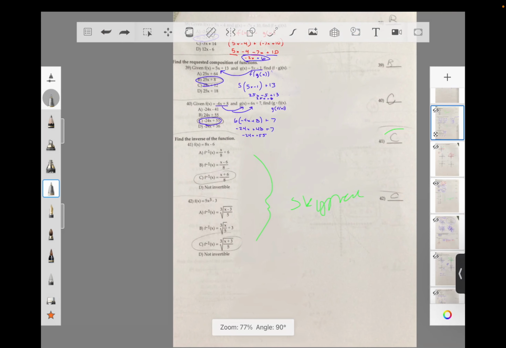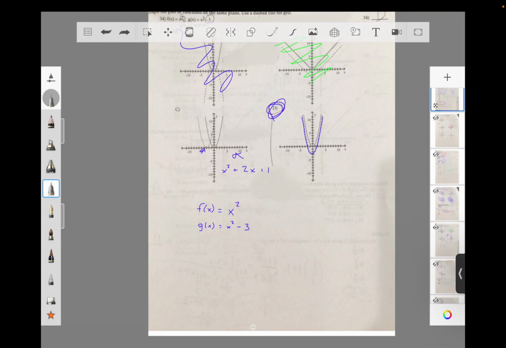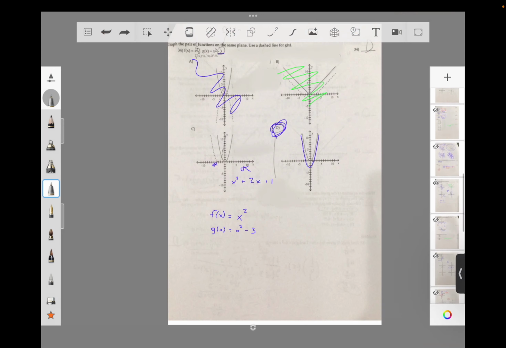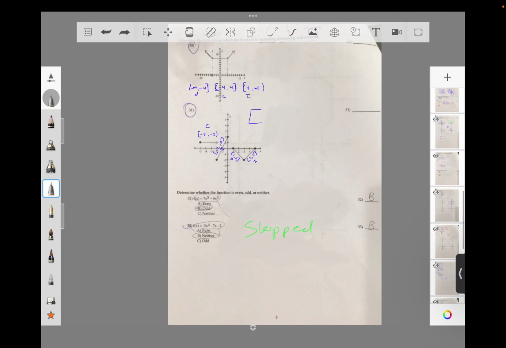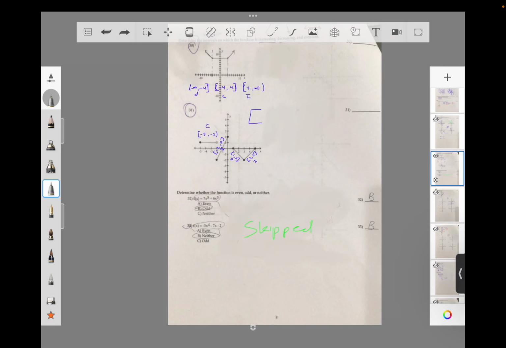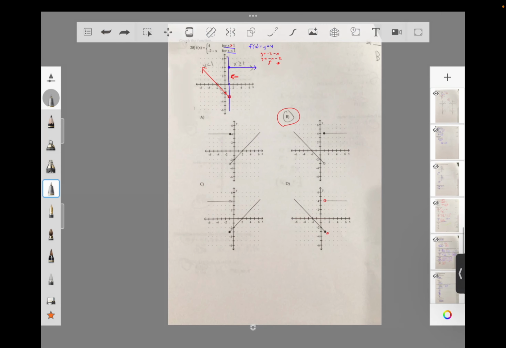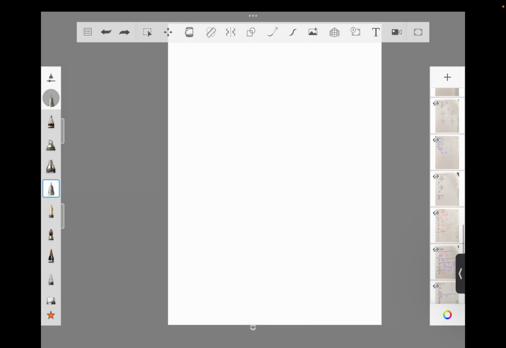Find the inverse of the function. So this one doesn't, so I have to do this one. What about this one? That one's not one. So this one also has a better explanation on the other video, so I'll just leave it up to that. Oh, there's so much.